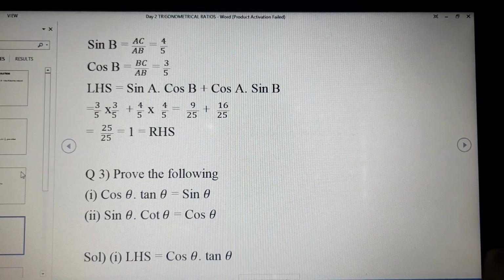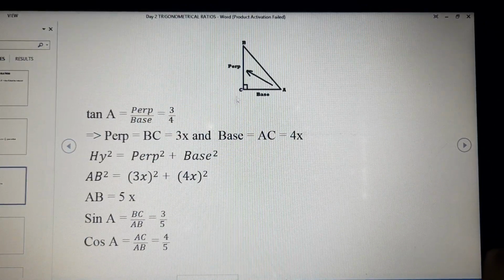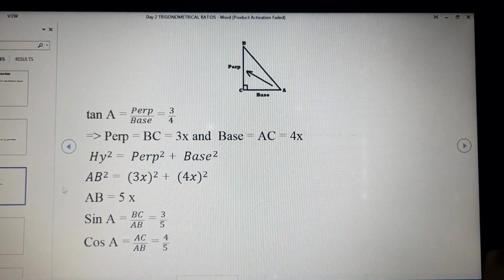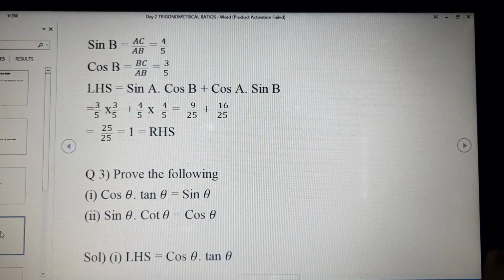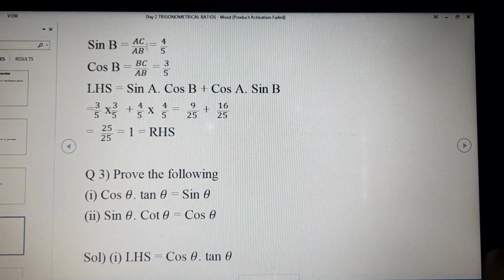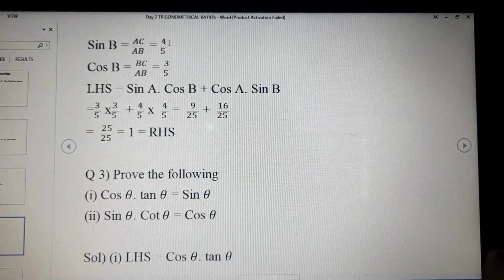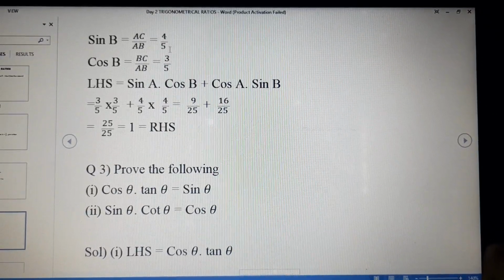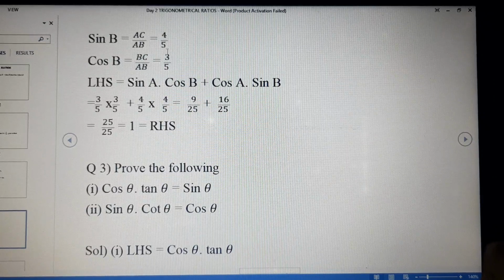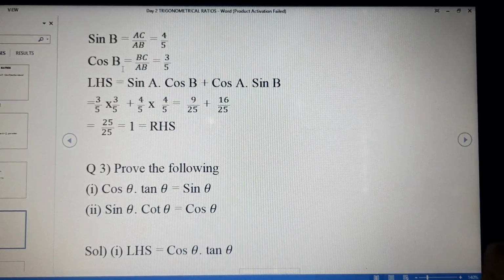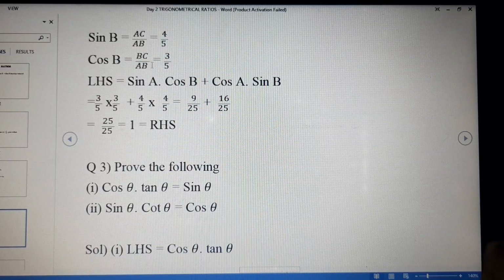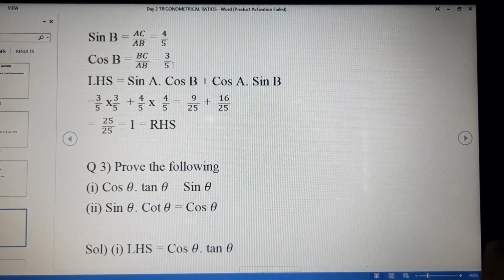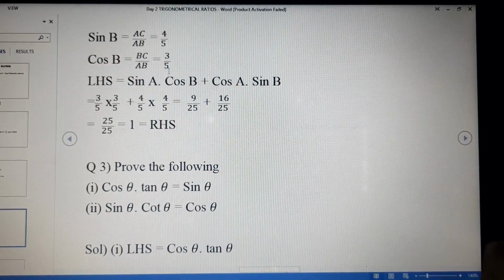According to angle B, we can go back and see that the perpendicular, opposite to angle B, is side AC. AC is 4x, AB is 5x, the hypotenuse will remain unchanged. So x and x will be cancelled, 4 upon 5. Likewise cos B becomes base upon hypotenuse. Base is BC, 3x upon 5x, x and x are cancelled, 3 upon 5.